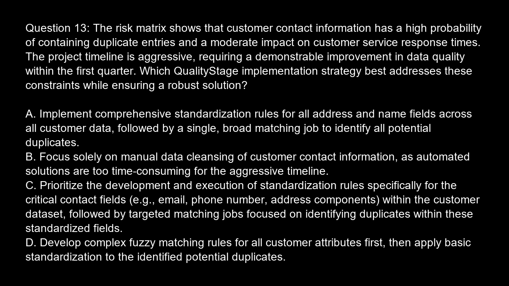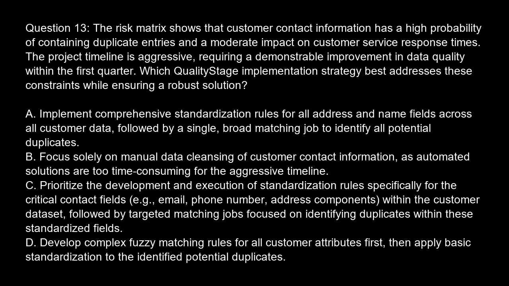Option A. Implement comprehensive standardization rules for all address and name fields across all customer data, followed by a single, broad matching job to identify all potential duplicates. Option B. Focus solely on manual data cleansing of customer contact information, as automated solutions are too time-consuming for the aggressive timeline.